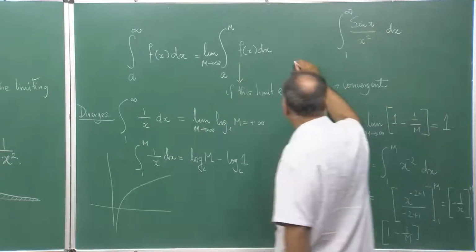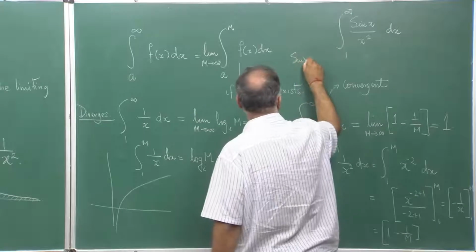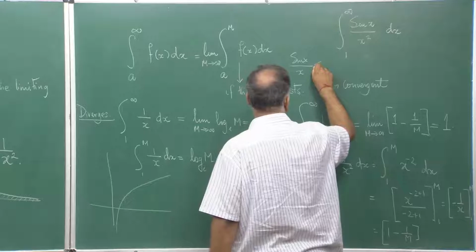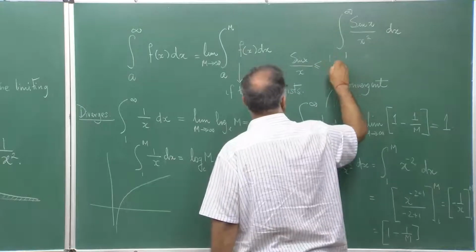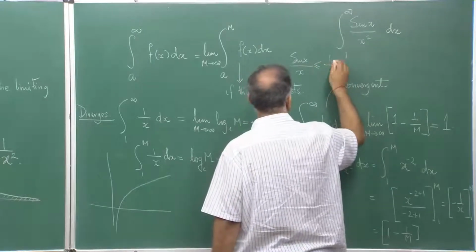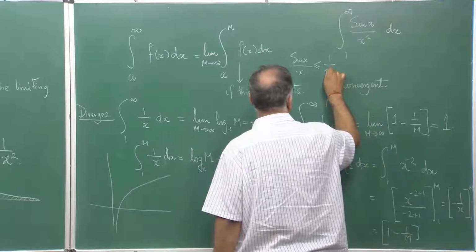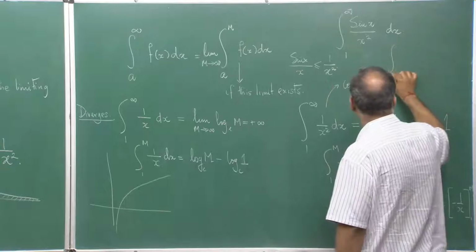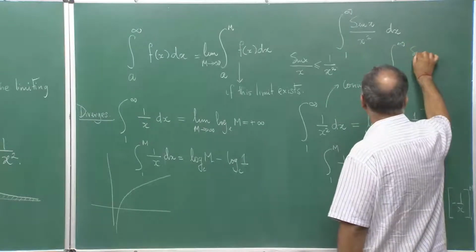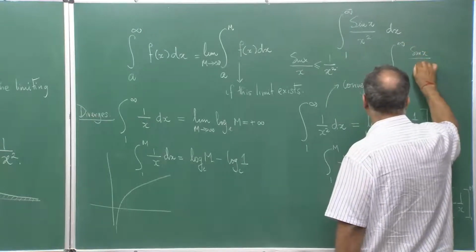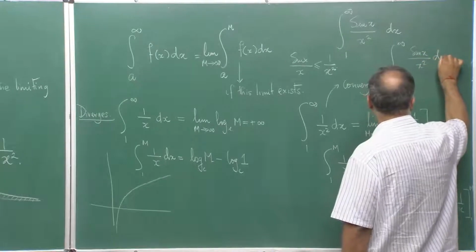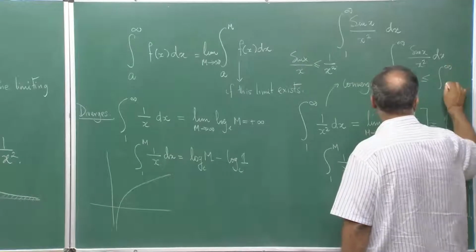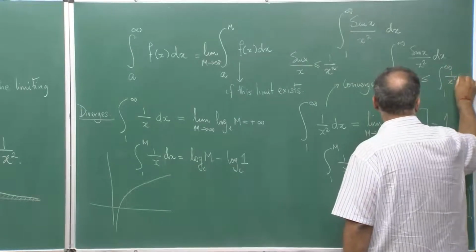now look into the fact that sin of x is always less than or equal to 1. It does not matter, it is always less than or equal to 1. So sin x by x square is less than or equal to 1 by x square. So the integral from 1 to infinity of sin x by x square dx is less than or equal to the integral from 1 to infinity of 1 by x square dx.